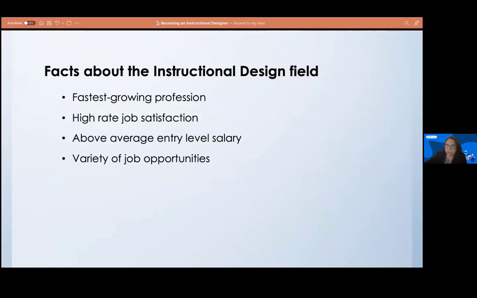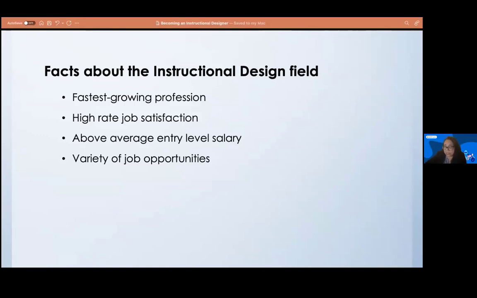Also, the average salary for an instructional designer is above the average, which is $64,000 a year, according to PayScale. However, it is far less than what was reported on Edel Pace's survey, which was $85,000 a year.